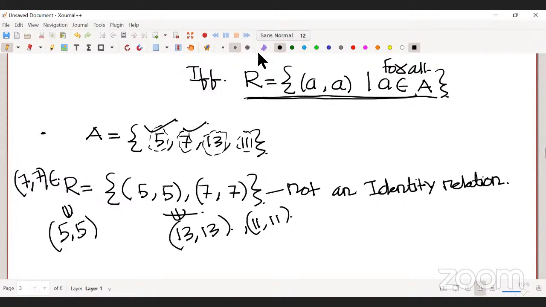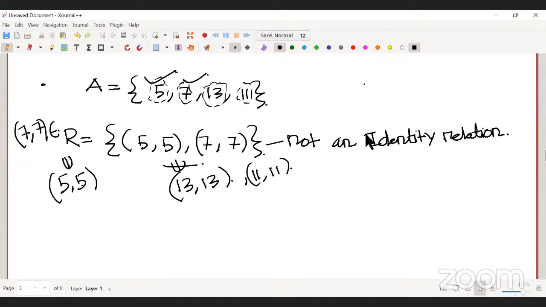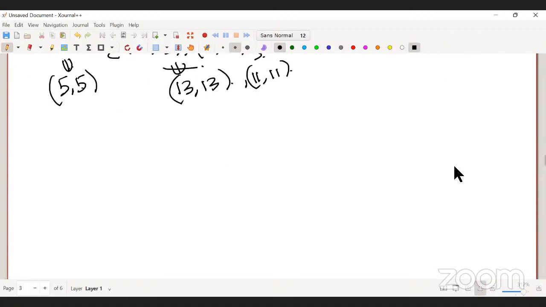Okay. So in any infinite set, we would not be able to identify whether it's an identity relation or not? What do you mean by infinite set? Can you give me some example? The set of all natural numbers, or something wherein we don't know the end or how many are there. Cardinality is not the issue.